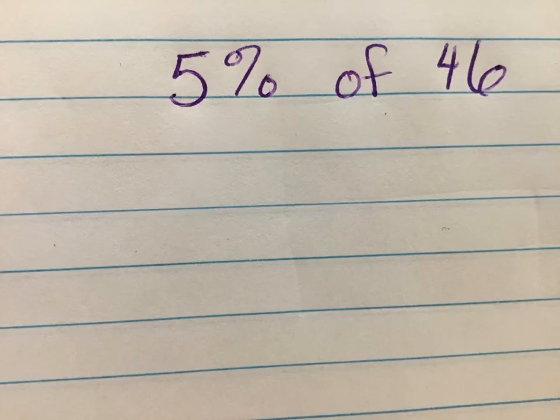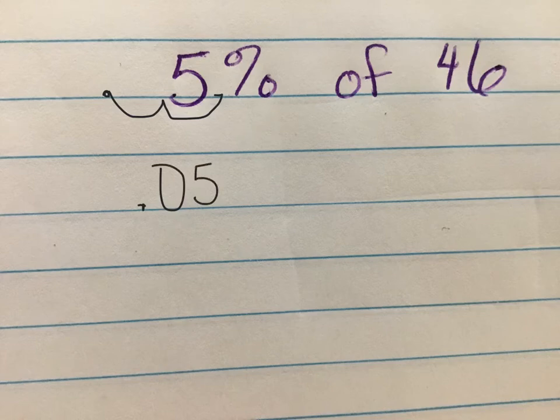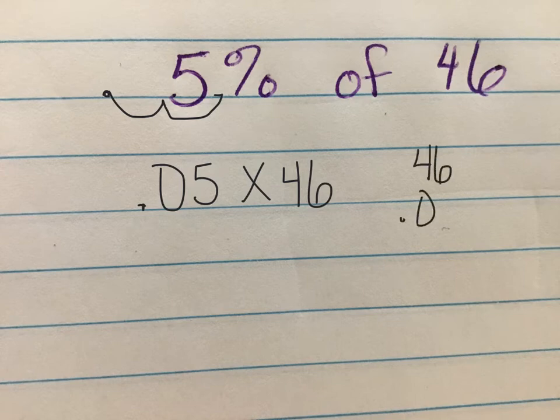Let's try this one. 5% of 46. Our decimal is hanging out here. We move it 2 spots, but there's nothing there, so we need to add a 0. Of means times, and 46, and then we do our math. There are two numbers that are behind the decimal here, so there will be two lines of work. 6 times 5, 5 times 4, plus 3.